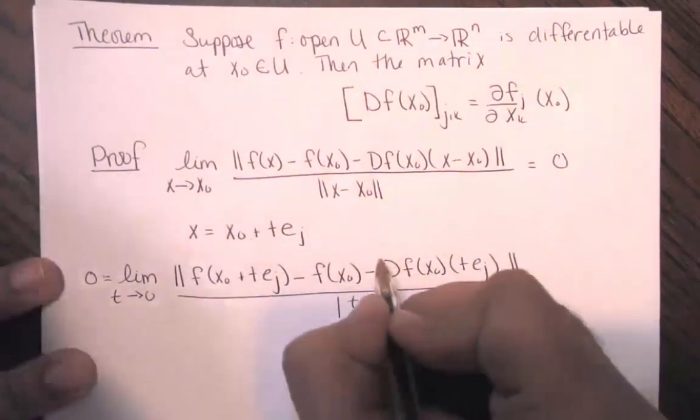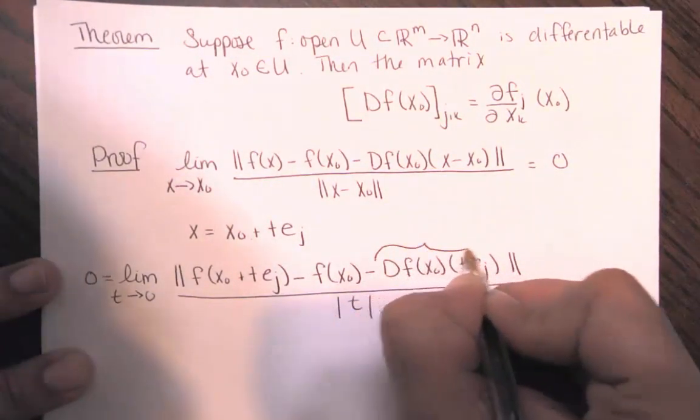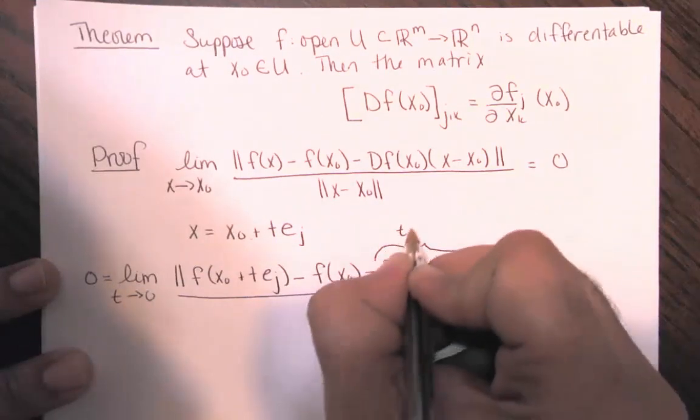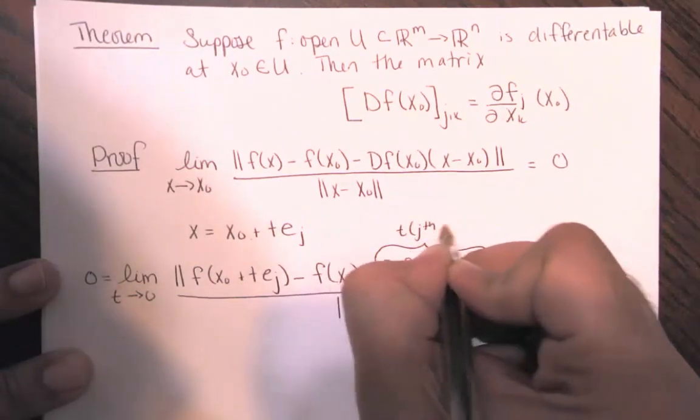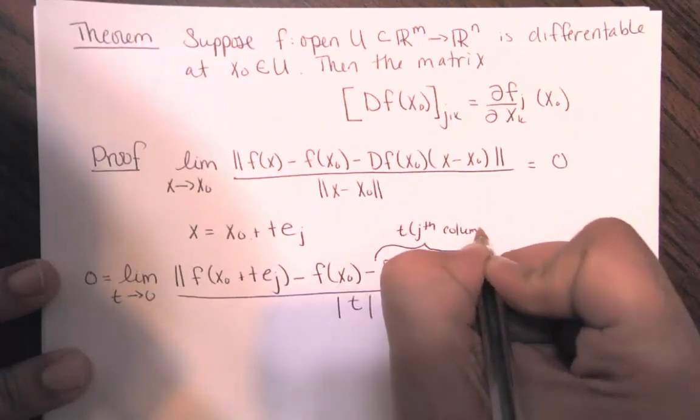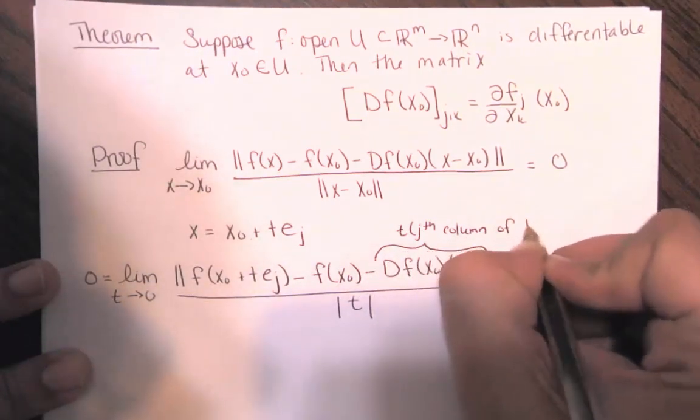Now notice this term here is equal to t times the jth column of my matrix.